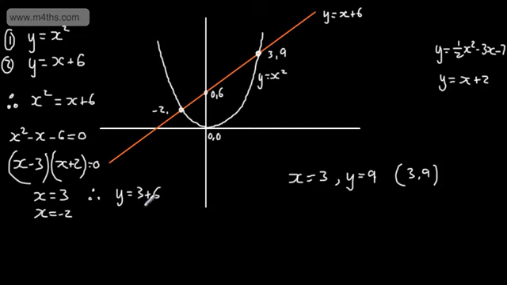If we look now at this one, x is equal to minus 2, so y is going to be equal to minus 2 plus the 6. So we can see now that this point right here is going to be, what's that going to be, minus 2 comma 4. So x is equal to minus 2, and then y is going to be equal to positive 4. All the coordinates are minus 2 comma 4.